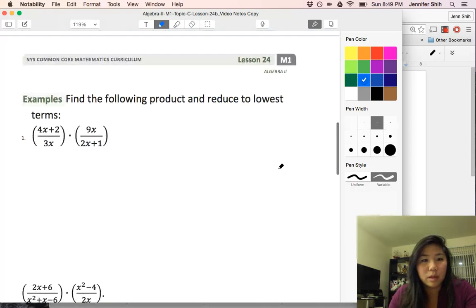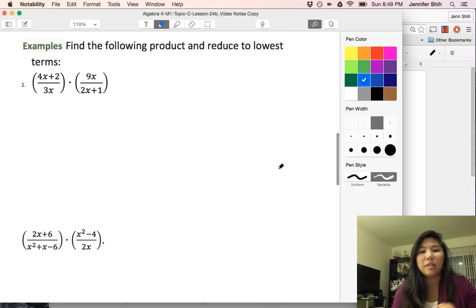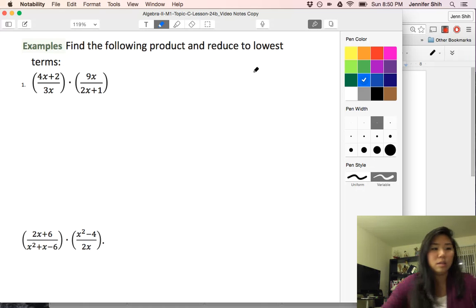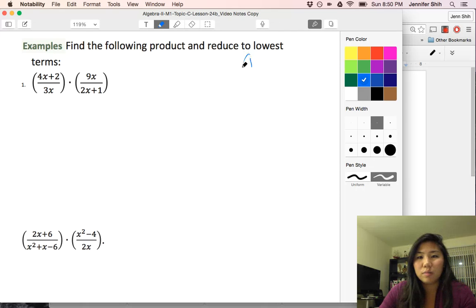Okay. Let's go on to some examples about multiplying rational expressions. The only difference between these rational expressions and what we've been doing is that maybe you have to factor once more. So the rules are the same: you should factor first.